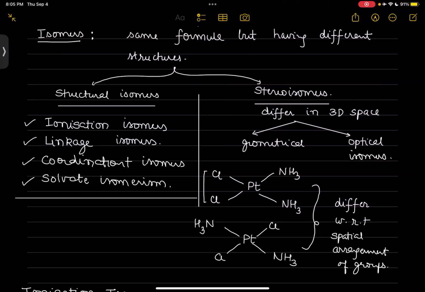We were about to see what the different types of structural isomers are and how to draw them. Structural isomers in coordination compounds are very easy to understand and can be understood by their names. That's what we discussed in the previous class.